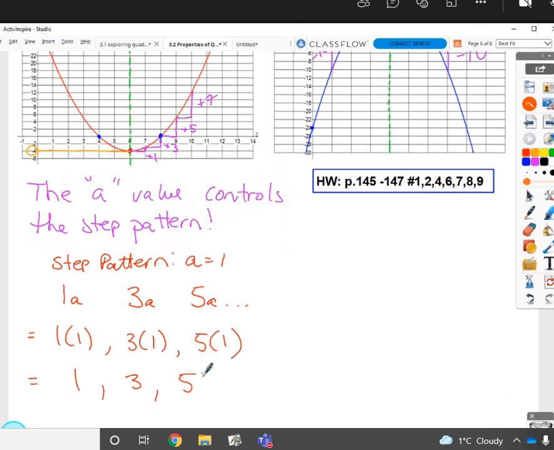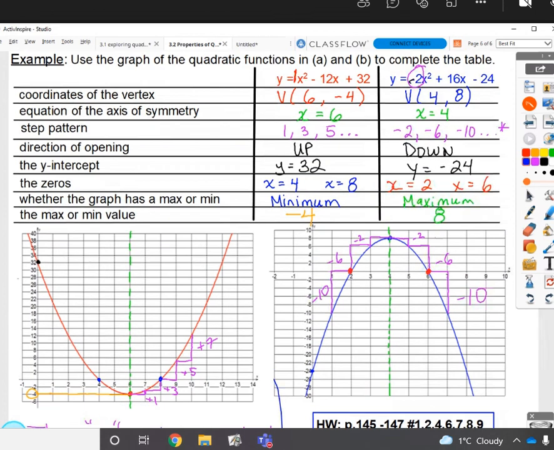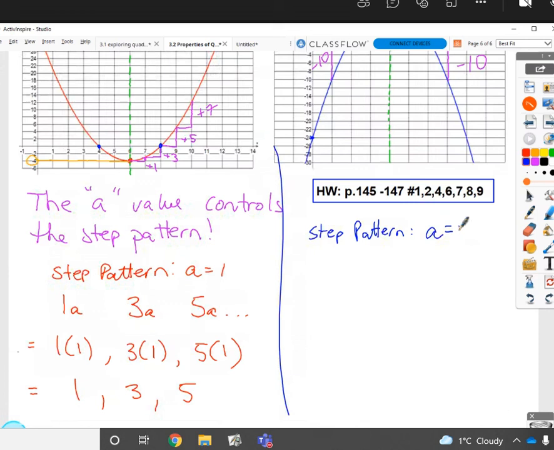But the reason why that's so important is because when we look at the step pattern over here, what's the A value for this blue quadratic? -2. Absolutely. When we talk about the step pattern here, 1, 3, 5, we've got to consider the A value.